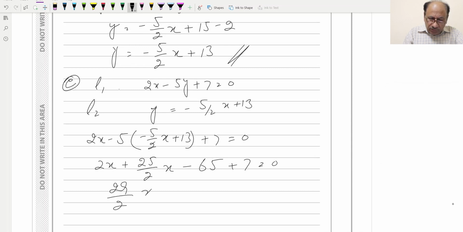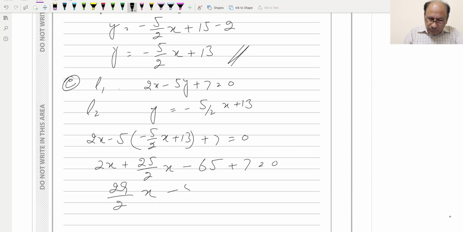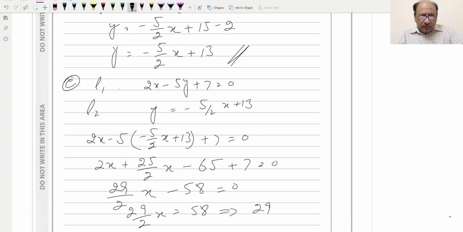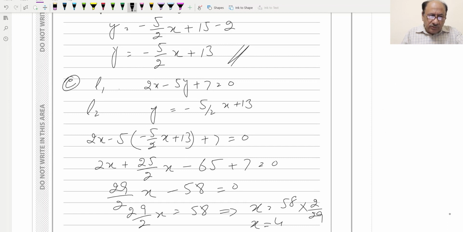So we can write 29 by 2x, and minus 65 plus 7 is equal to minus 58 equal to 0, and this implies 29 over 2x is equal to 58, and we can directly write x is equal to 58 into 2 over 29, and 58 into 2 over 29 will be equal to 4. So x value we got equal to 4.